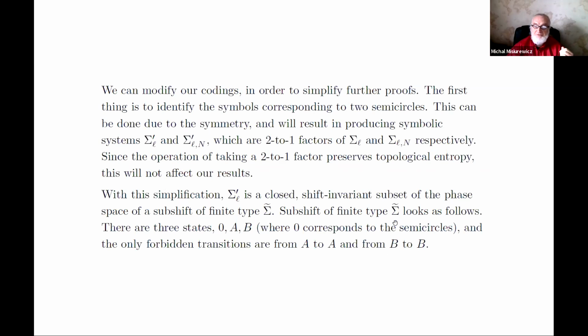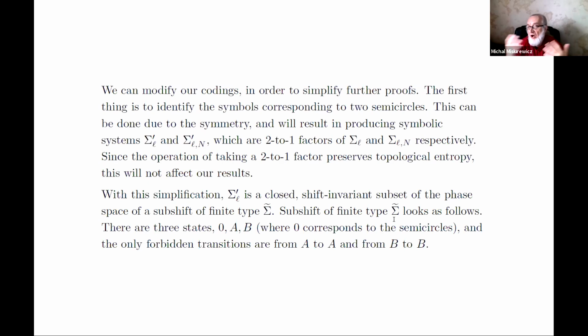And the subshift of finite type, which I'm considering, is the following. So there are 3 states, 0, A, and B. So 0 corresponds to semicircles. Now both semicircles are identified. And A and B are lower and upper segments.